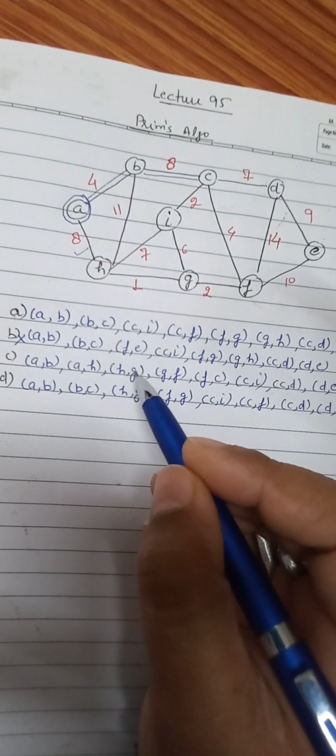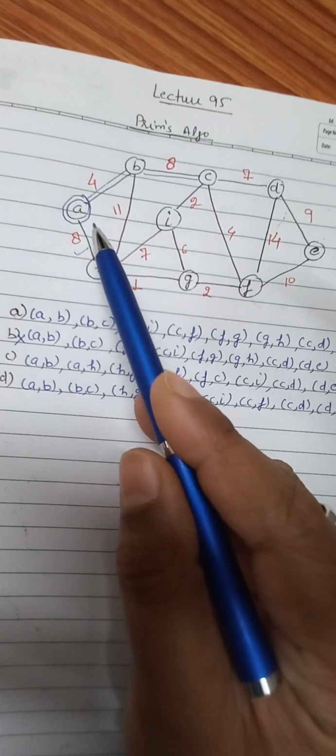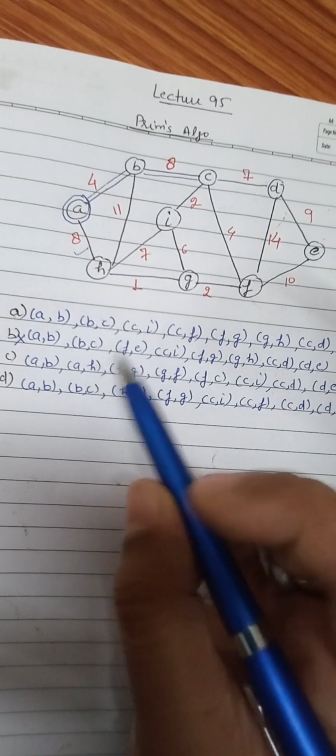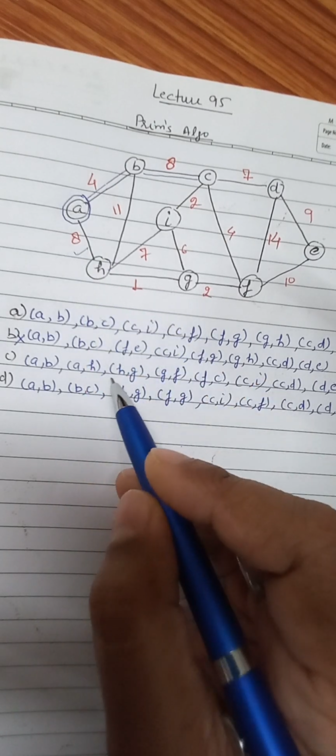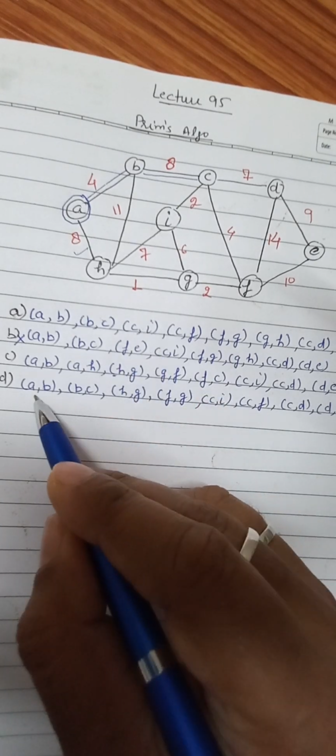Next, HG is in options C and D. If we follow this path, AH, then after AH, which one is minimum? HG. So this is also correct. CI is also correct. And AB, BC.